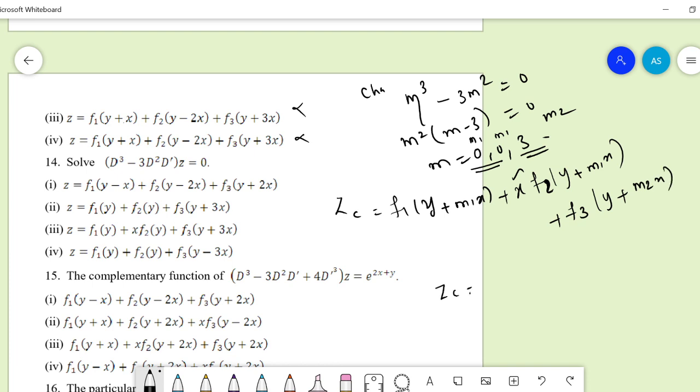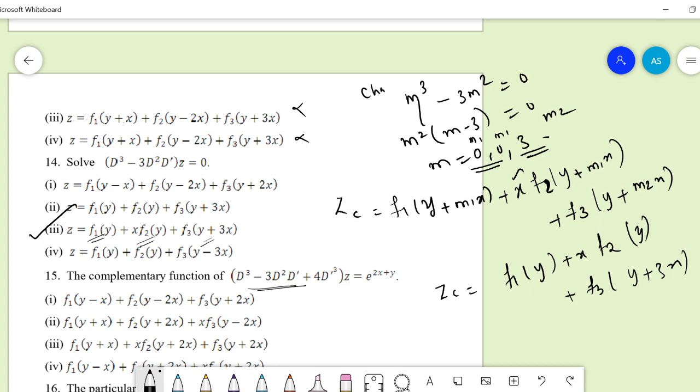Now zc is equal to f1 of y, as m1 is 0, plus x into f2 of y, plus f3 of y plus 3x. Compare the answer: f1 of y, x into f2 of y, f3 of y plus 3x. So the third option is our answer.